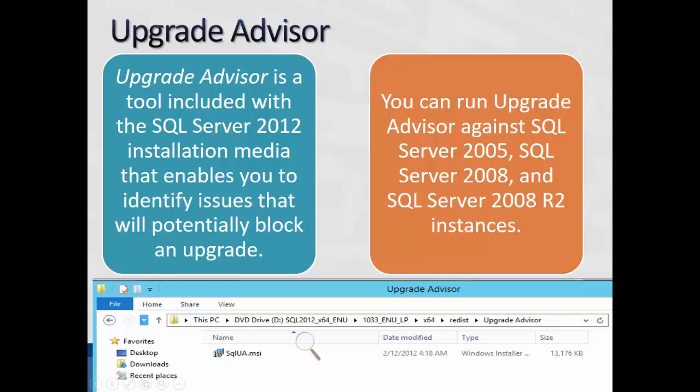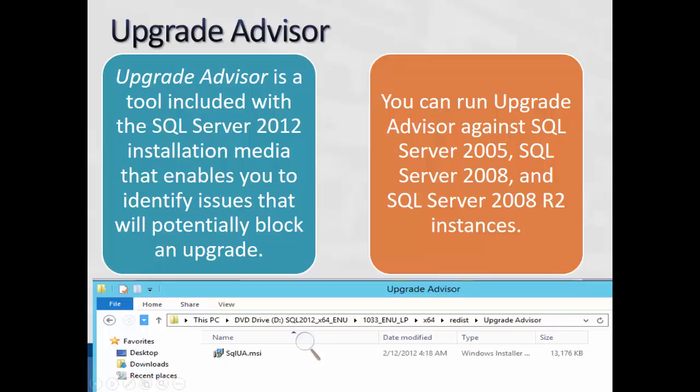Upgrade advisor is a tool included with the SQL Server 2012 installation media. Let's just get this upgrade advisor and install it on our 2012, because it is in our ISO image. So it's going to run smoothly, and maybe today we won't have one more error.